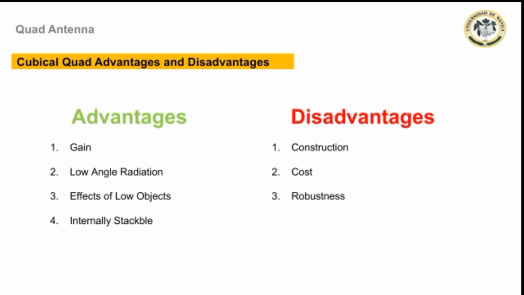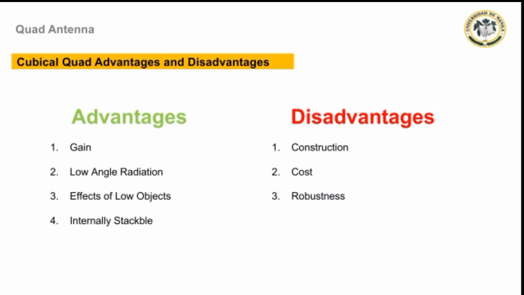Cubical quad advantages and disadvantages. Since the introduction of the cubical quad beam antenna, there has always been considerable debate about its advantages compared to the more familiar Yagi. As with any antenna, there are always advantages and disadvantages that need to be balanced to see what is the most attractive option for any given situation.